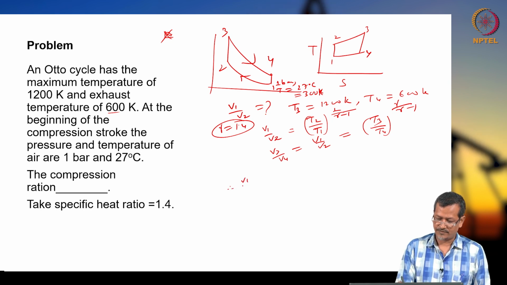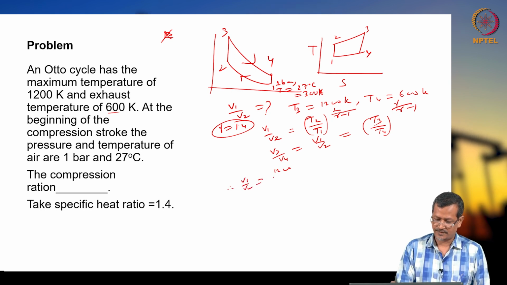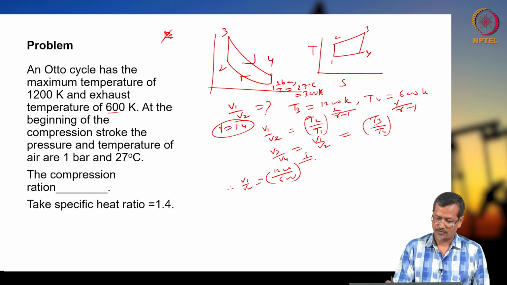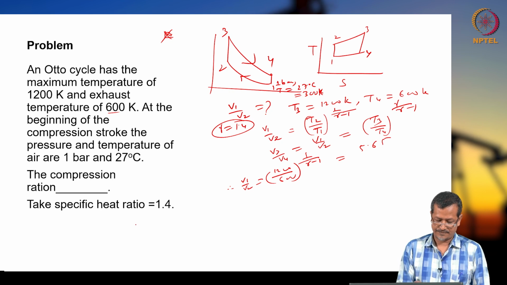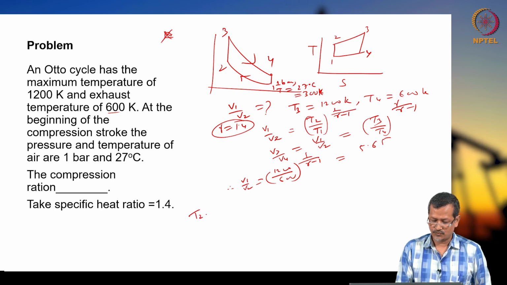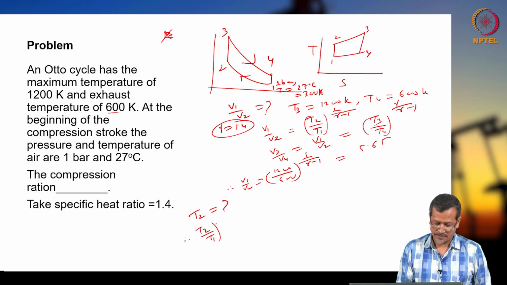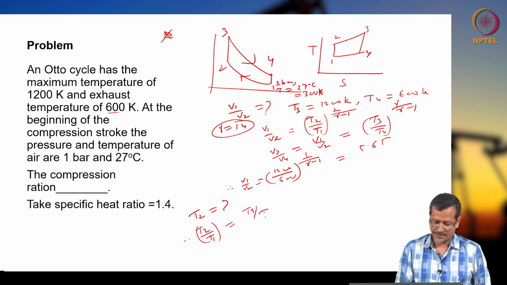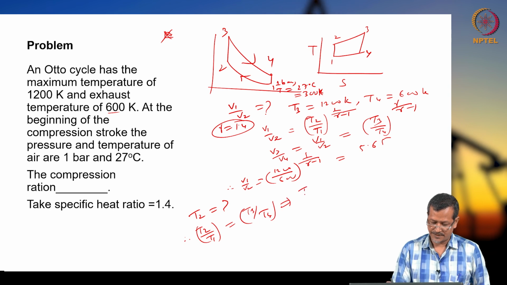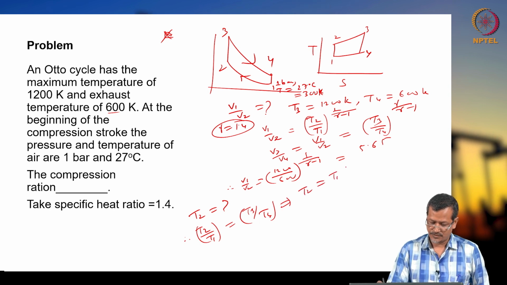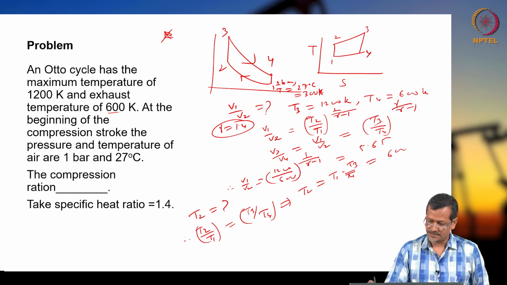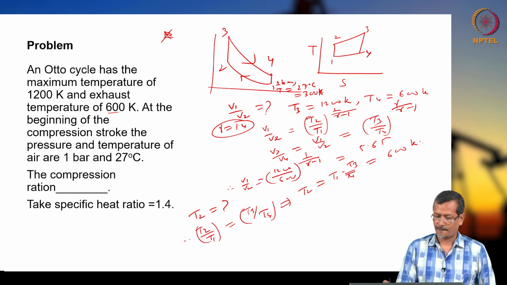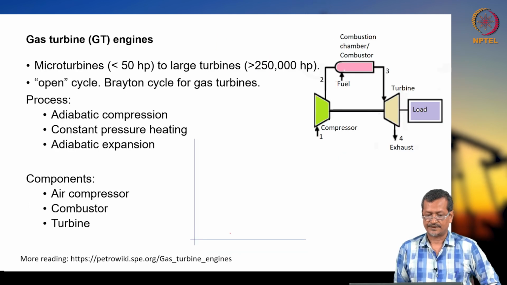So, this will be giving V1 by V2 equals 1200 divided by 600 to the power 1 by gamma minus 1 equals 5.65. Now, if I want to find T2, it will be T2 divided by T1 equals T3 by T4, which implies T2 equals T1 into T3 by T4 equals 600 K. Okay.